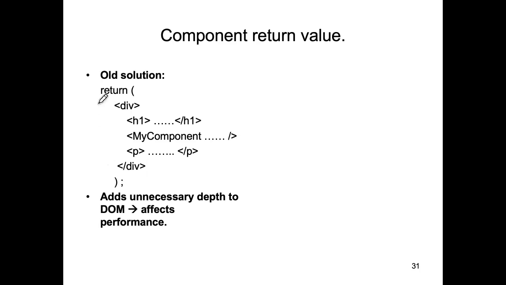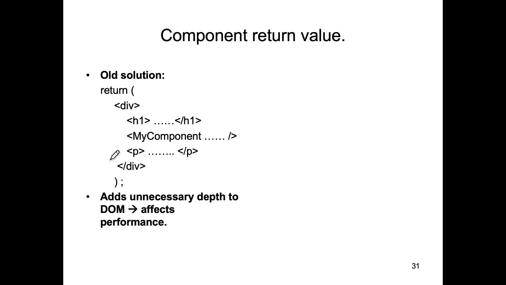And those additional div nodes in the DOM can be significant for very large React apps. And obviously the bigger the DOM data structure, the slower it is for the browser to carry out its repainting and reflowing processing, which I talked about a couple of lectures back. And that was a significant issue in the early days of React.